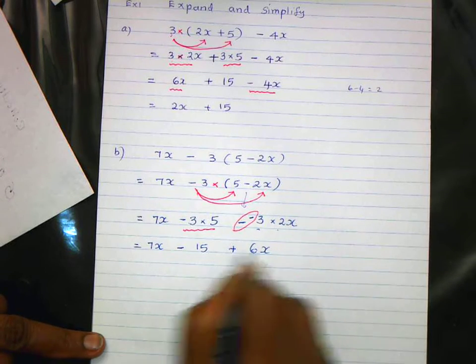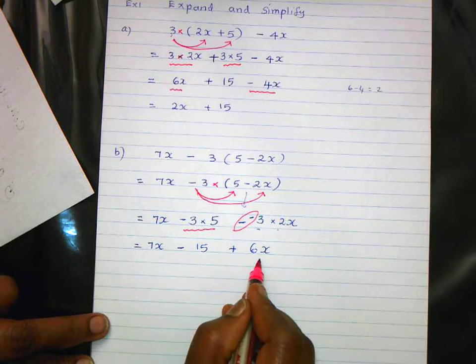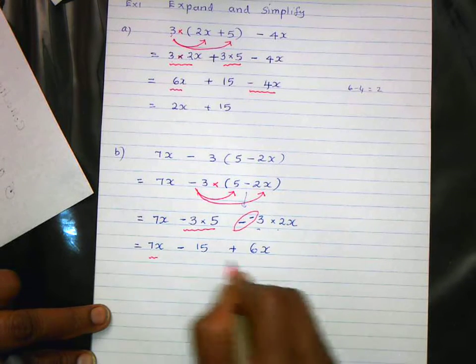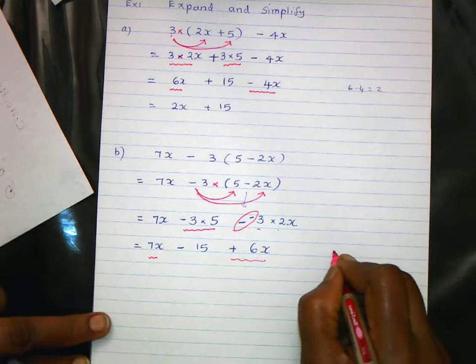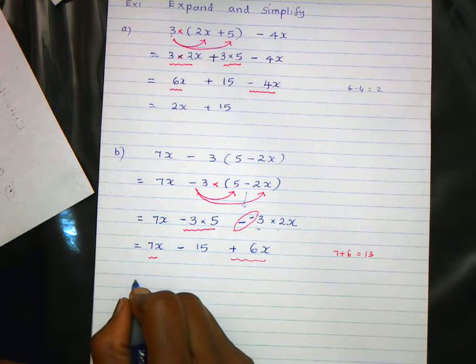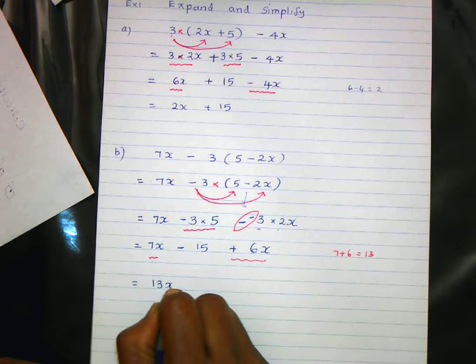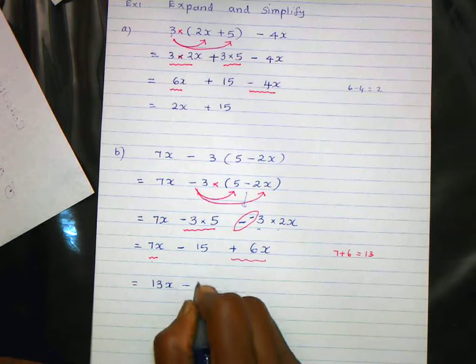Now when you look at this expression, 7x can be grouped with 6x. So 7 plus 6 is 13. So we write next line, 7x plus 6x is 13x, take away, and there is nothing to group with, 15.